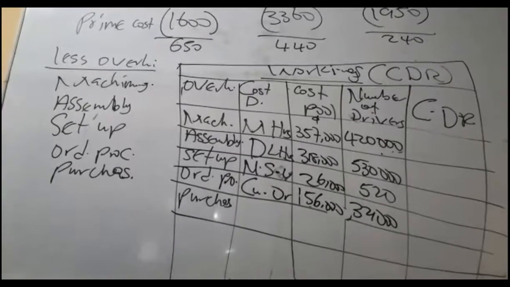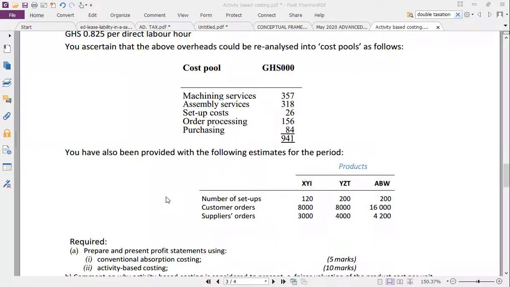Let's go and pick the purchases, and we're almost through the workings. So purchasing. The cost is 84.